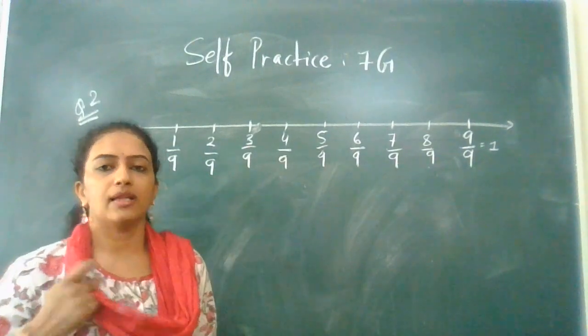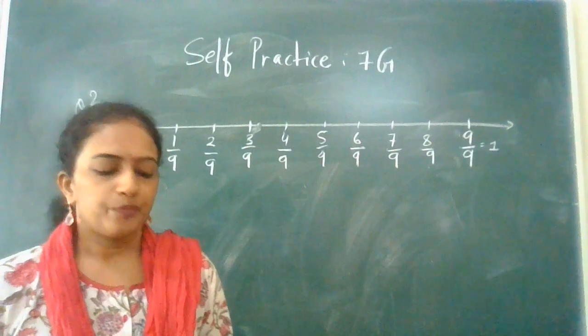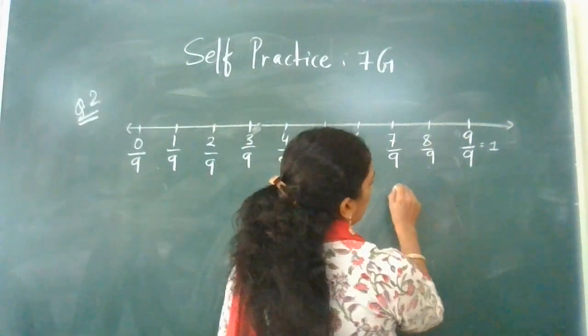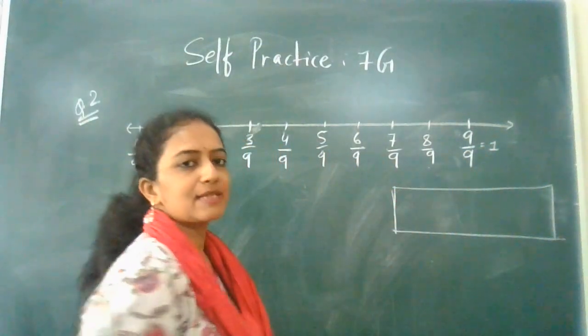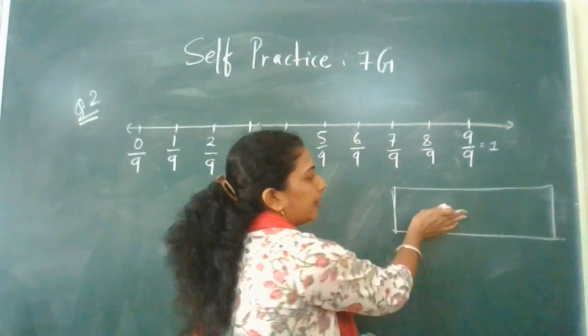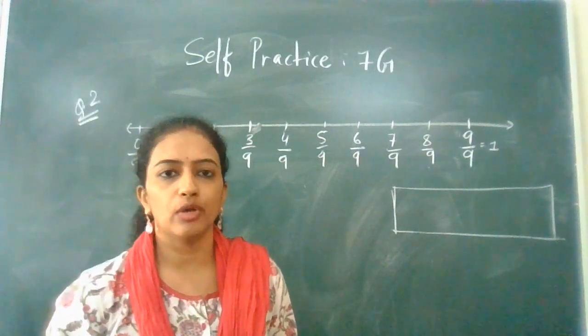Now, in this one, they have shown you the addition on the number line, as well as they have given you one box besides the number line. I don't have place besides the number line, so I am drawing it down. You are given this box. This question you have to do in the textbook only.